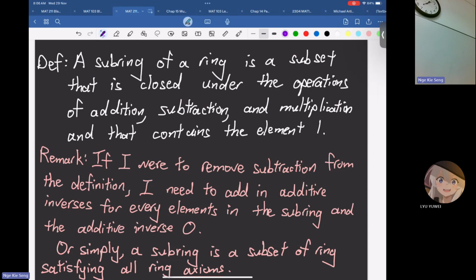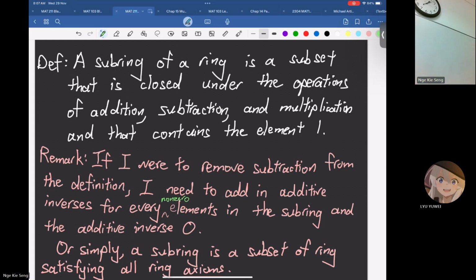If I throw away the subtraction condition, what do I need to add in to fulfill the definition of rings? I need to add in the additive inverse for every non-zero element in the subring.